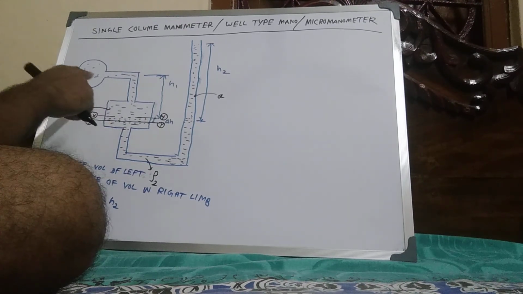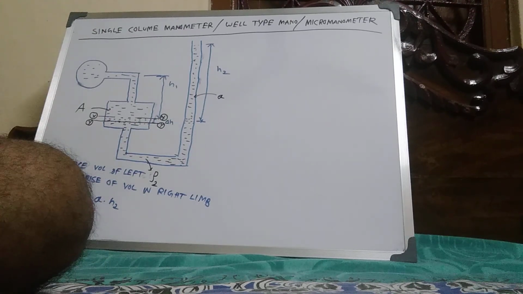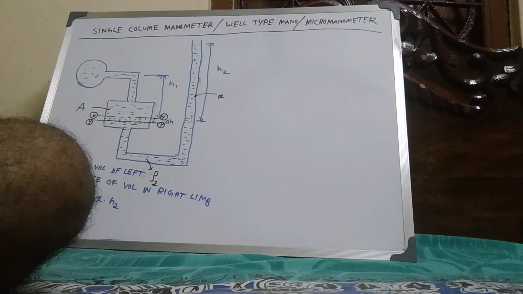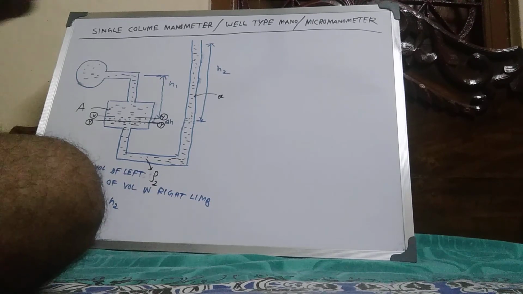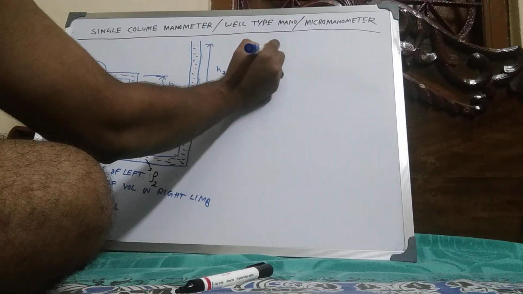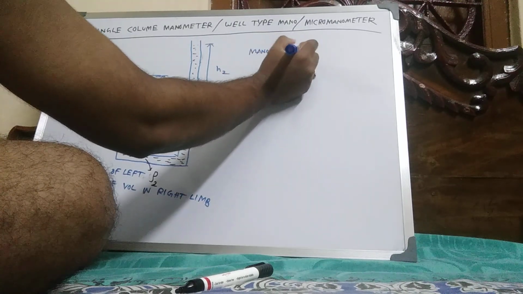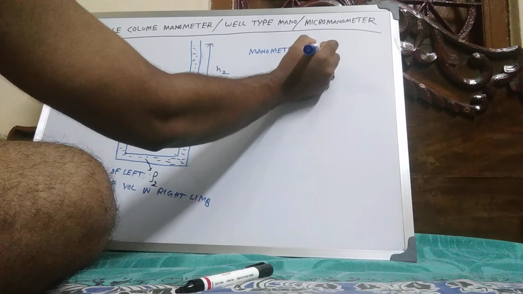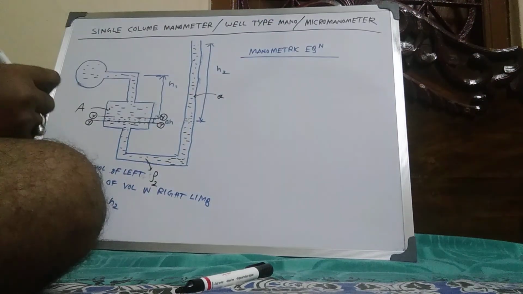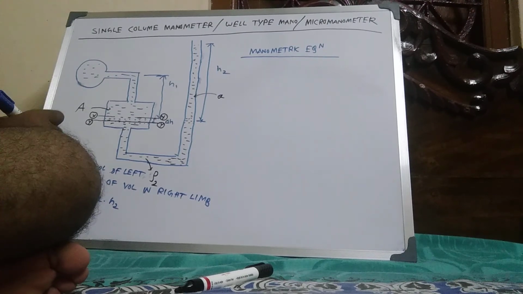After connecting the pipe, the reference line is Y1. So the manometric equation: suppose here the pressure is PA.